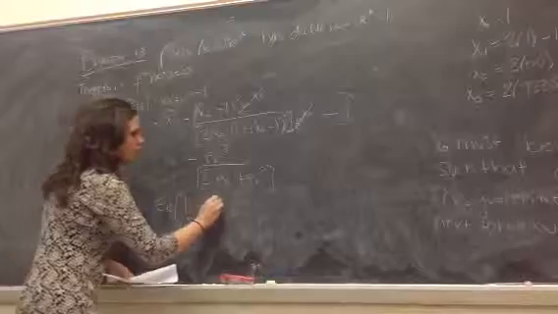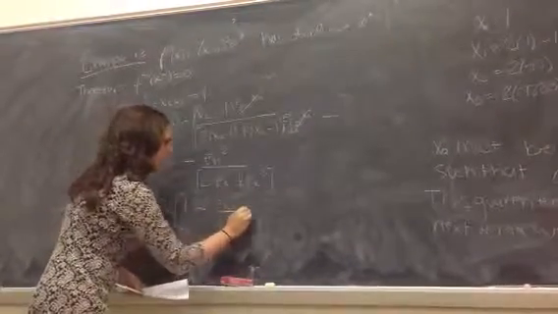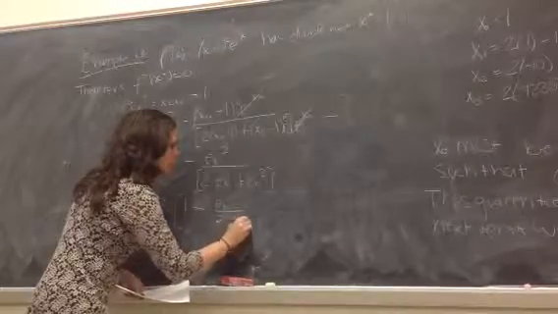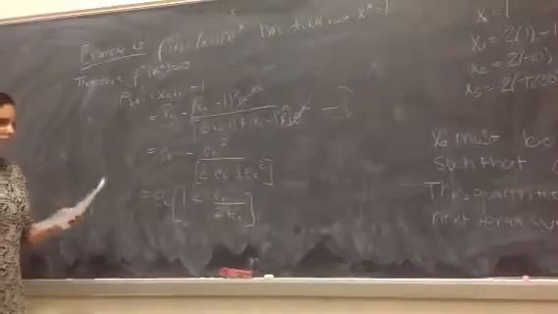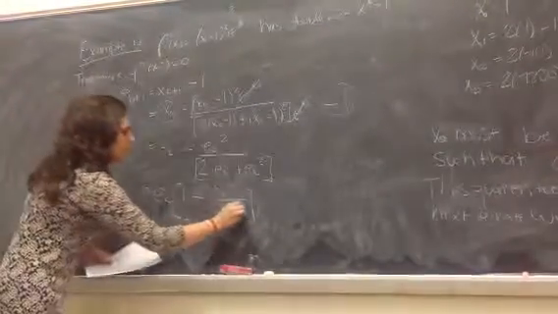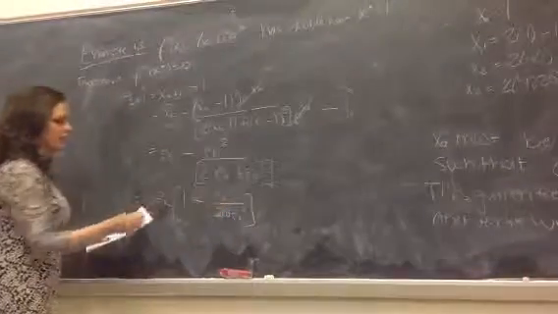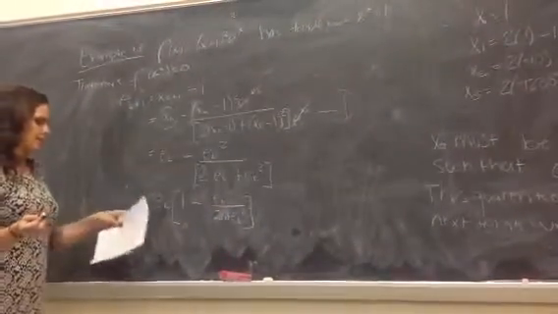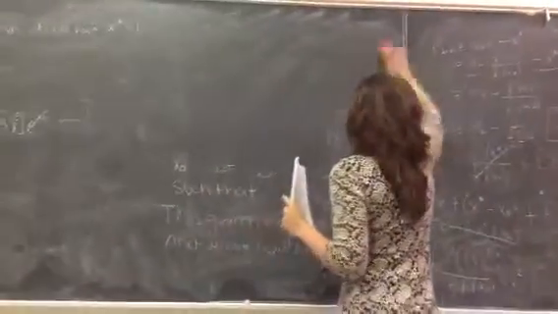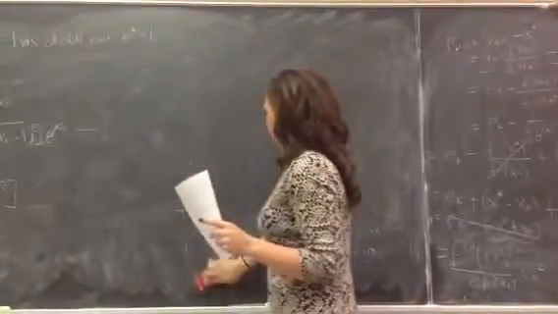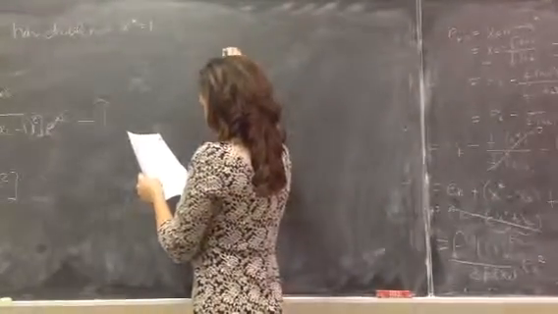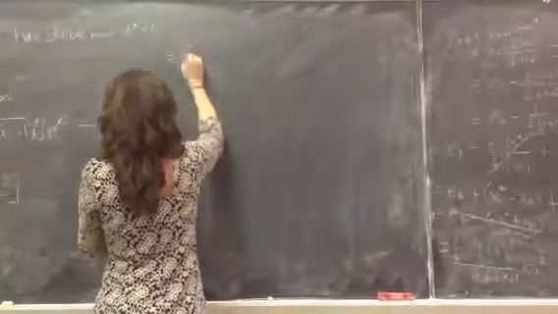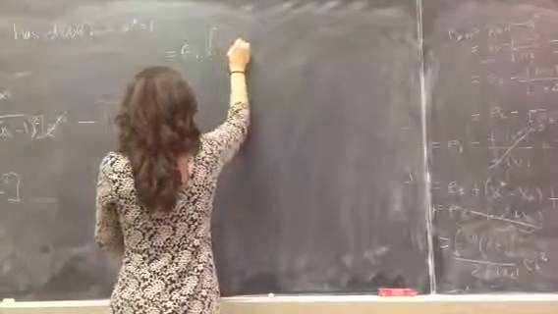Then I have 1 minus e_k all over 2 plus e_k.